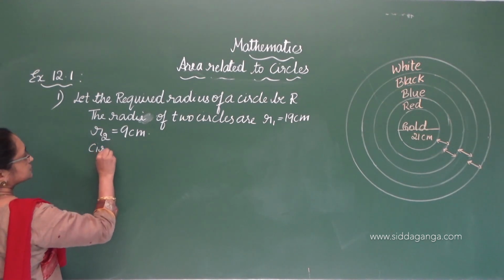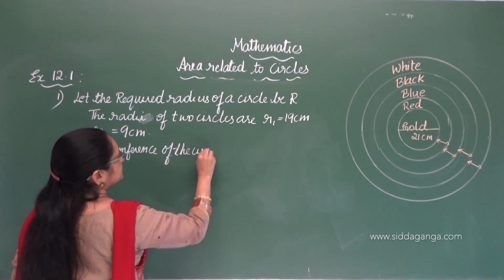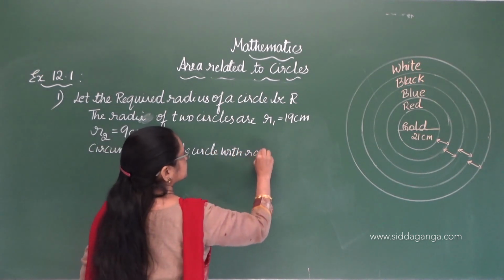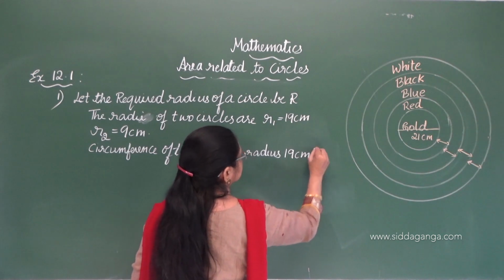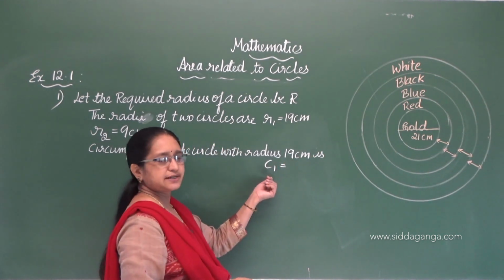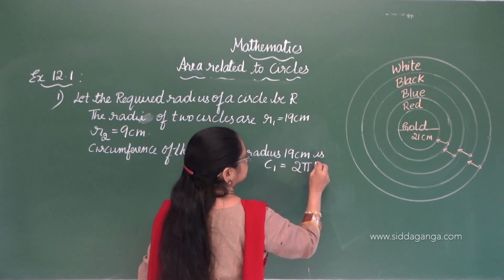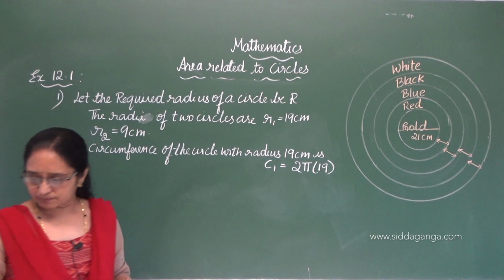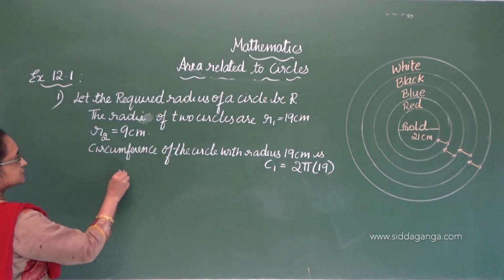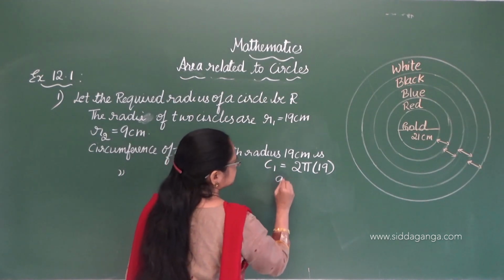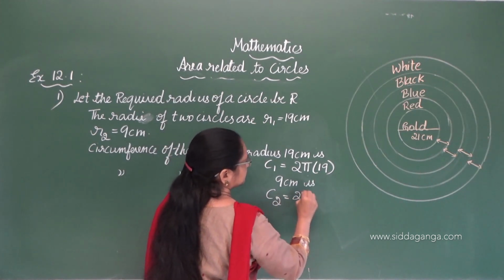The circumference of the circle with radius 19 centimeter is C1, which is equal to 2 pi r, where r is 19, that is R1. Next, the circumference of the circle with radius 9 centimeter is C2, that is 2 pi into 9.